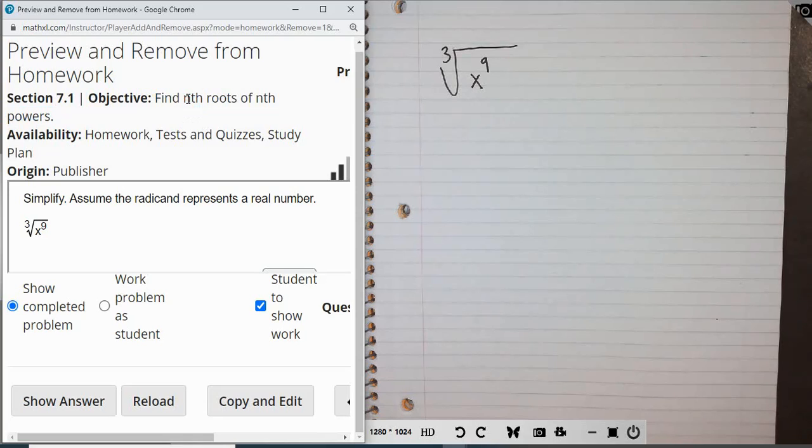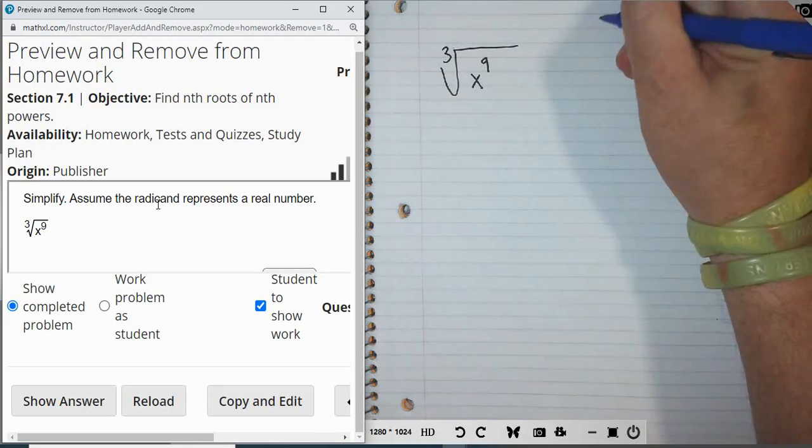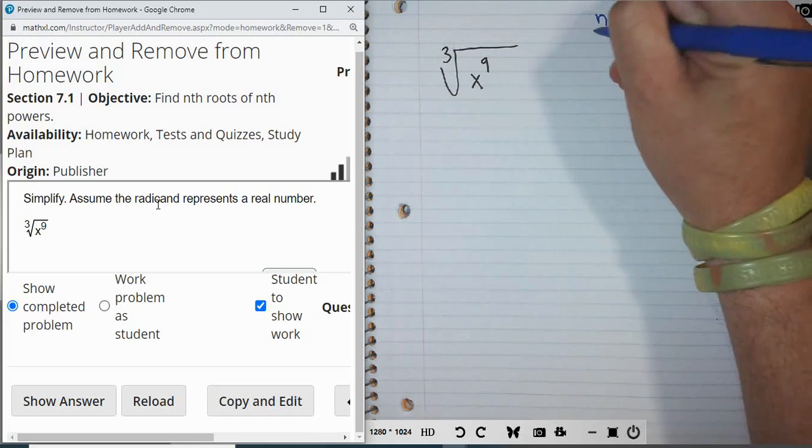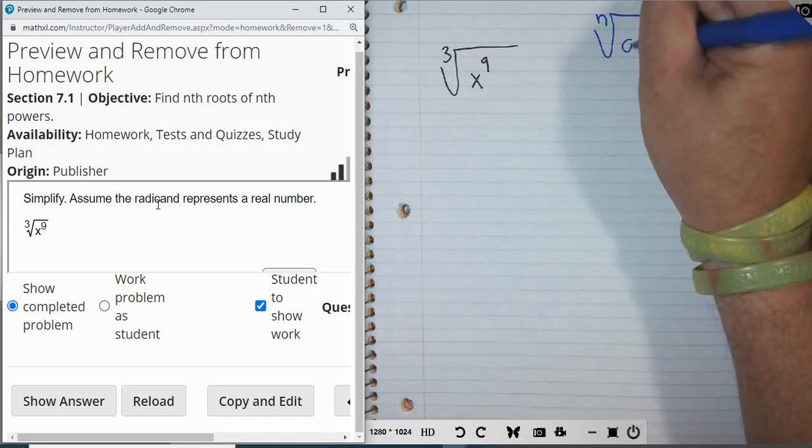Let's look at our directions, which ask us to simplify and assume the radicand represents a real number. To approach this one, we need to remember the very basic definition of a radical expression.